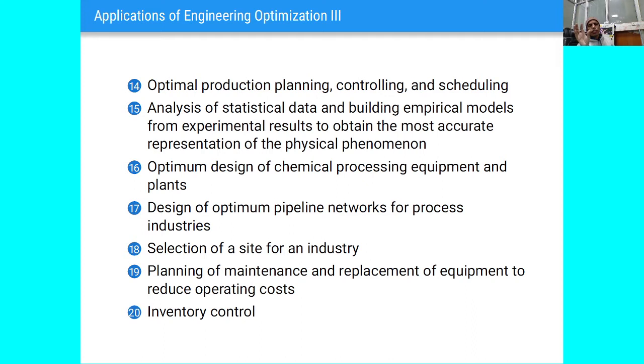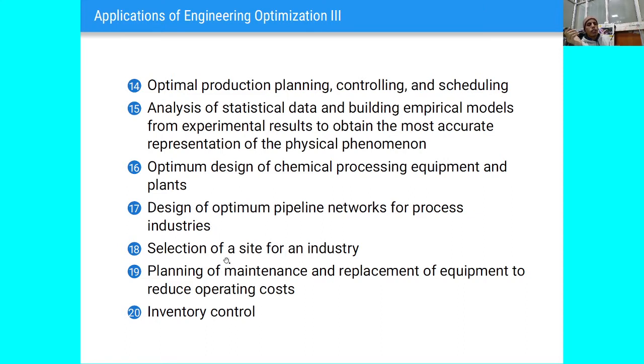So we conduct certain experiments, trial and error. Then we tabulate, and we use different techniques in order to find the optimum value under the given circumstances. Similarly, this may also be used in chemical processing equipment, optimum design of chemical processing equipment and plants. Next is the design of an optimum pipeline network for process industries.